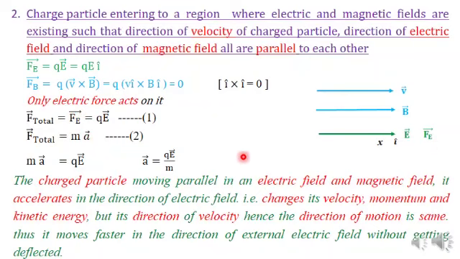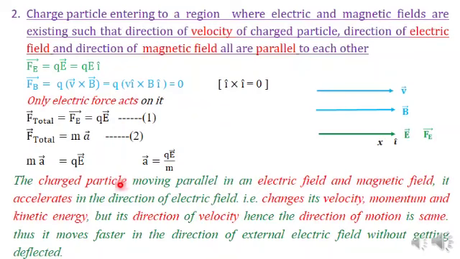So vector a can be replaced by a into i cap. Comparing the above two equations, we get m a equals q E. After rearrangement, a equals q E divided by m.